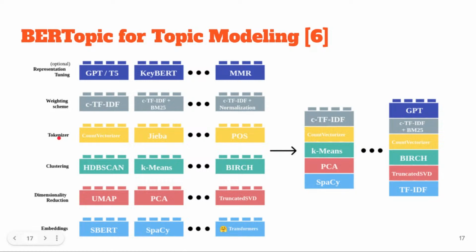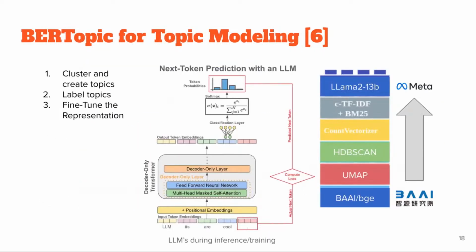It's not the tokenizer for the LLM. It's a tokenizer for making the vector into terms, into words. So you're just using a space tokenizer? We are using a count vectorizer, so basically how often a word occurs in the document.